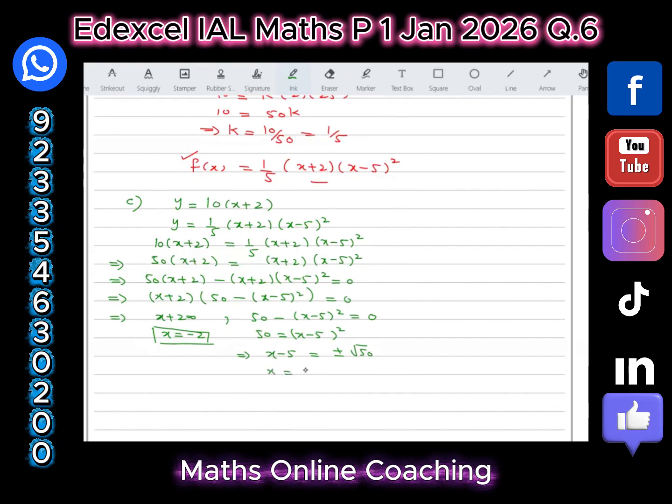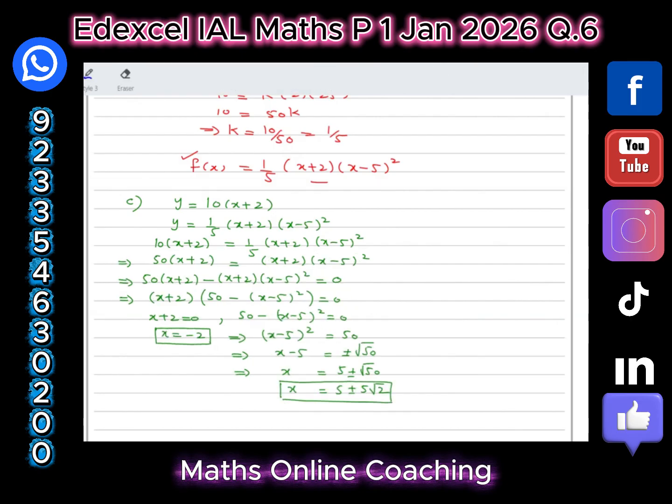It gives x is equal to 5 plus or minus square root 50. Square root 50 can be simplified as 5 square root 2. So the values of x are x is equal to -2 and 5 plus or minus 5 square root 2.